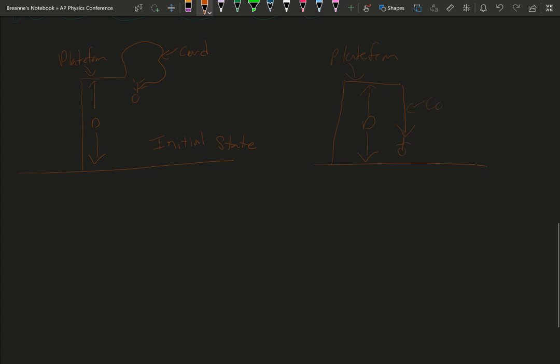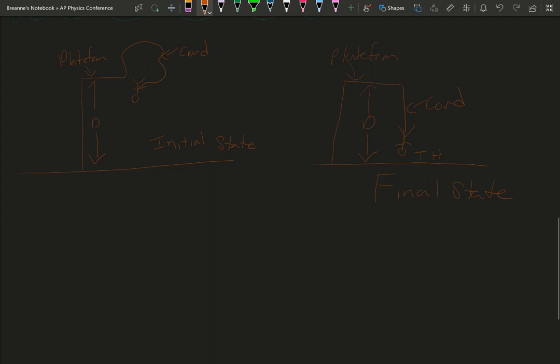And that's still the chord. And it says that this and this is h. And this is the final state. So you see two snapshots. You see right when the person's jumping with the bungee cord, and you see when the person gets to the bottom.